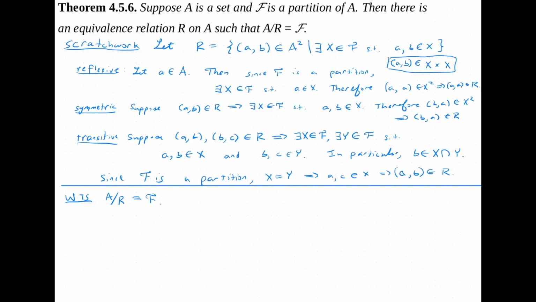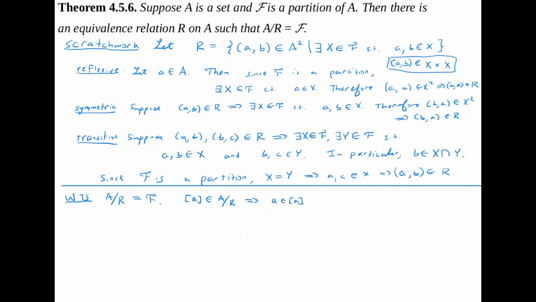So let's go ahead, we know that in A mod R, all the elements are going to be equivalence classes. So if we choose, actually let me change this to lowercase a. So let's choose some equivalence class [a] in A mod R. Well, if we choose an equivalence class, we know that a is going to be in the equivalence class.